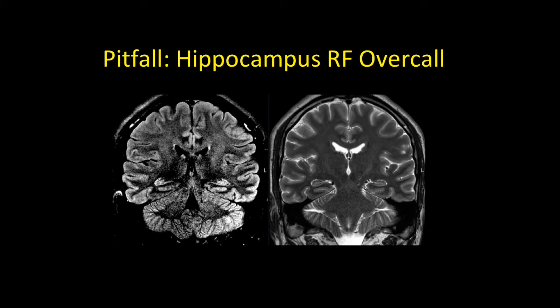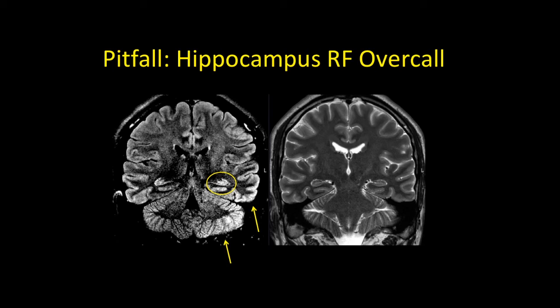Another pitfall, so we're looking at the FLAIR, and you might say, well, that left hippocampus is brighter than the right, so then maybe that's mesial temporal lobe sclerosis. But if you take a step back and look, the temporal lobe and the cerebellum are both brighter than the contralateral temporal lobe and cerebellum, then you realize this is an overcall from RF inhomogeneity artifact at 3 Tesla.